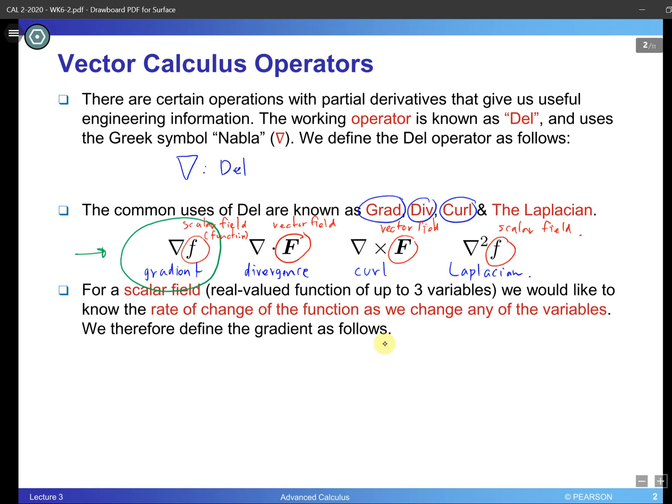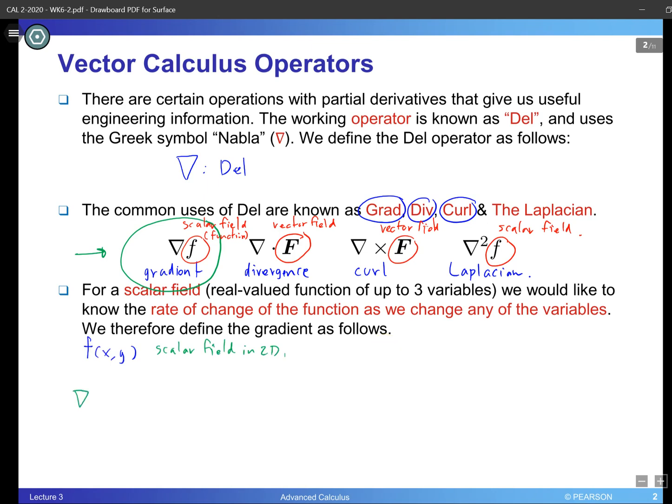So if you have this function, a multi-variable function, f of x y, you can also view this as a scalar field in 2D. And you want to find the gradient of this, you can use this formula right away.